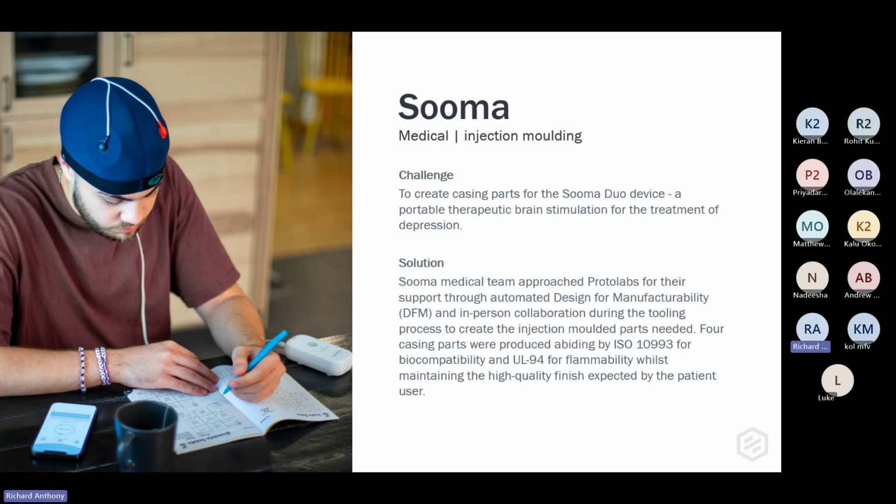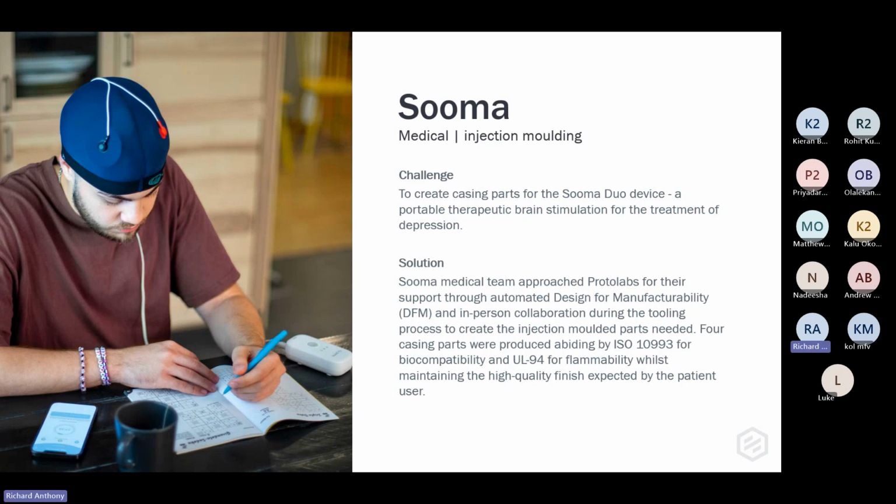And that's where we can come in with our design for manufacture feedback that we put on our quotes, and also our team of engineers. I'm one of that team, where we can have Teams calls, we can have face-to-face conversations where we talk about all the issues, the risks, and potential solutions, so we can make sure that things are designed as well as possible before they commit to an injection molding tool.